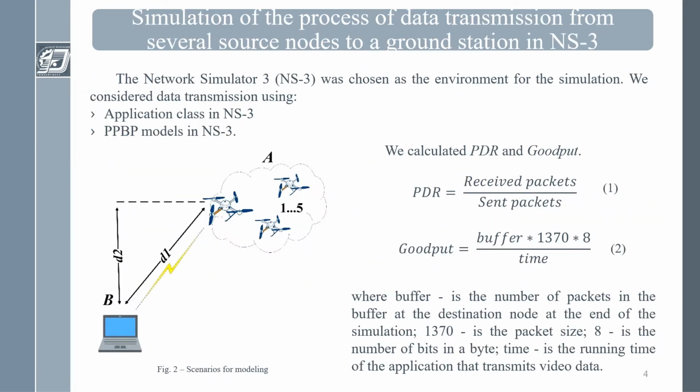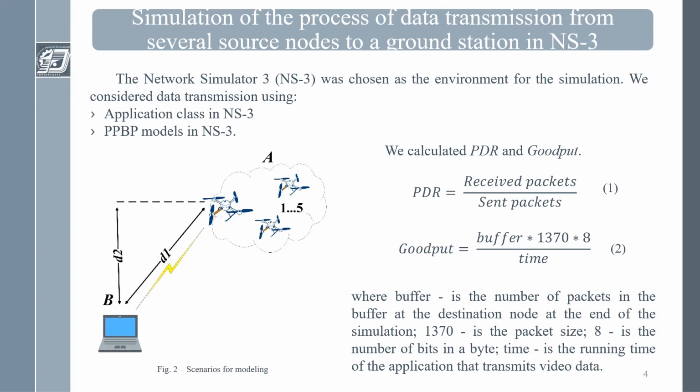We considered two scenarios shown in Figure 2, but with different models in NS3. So, we considered data transmission from several unmanned aerial vehicles to a ground station using the application class, and data transmission from several unmanned aerial vehicles to a ground station using the Poisson-Pareto burst process.